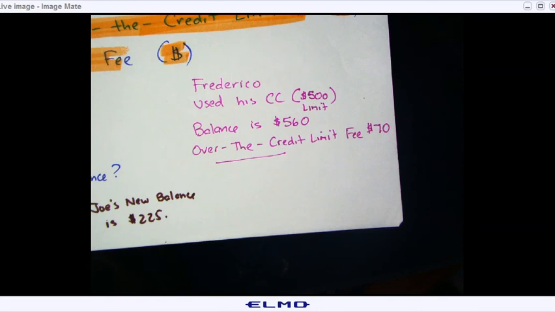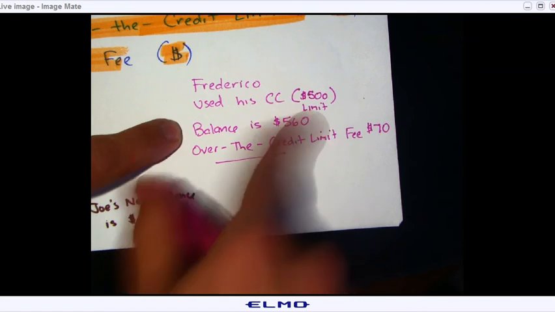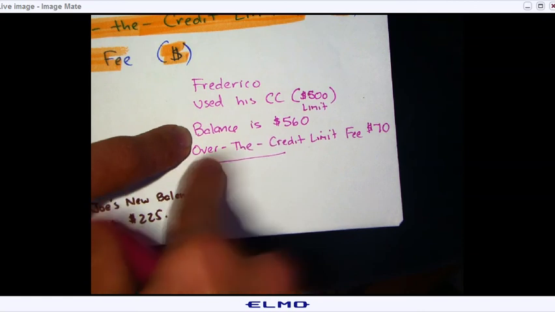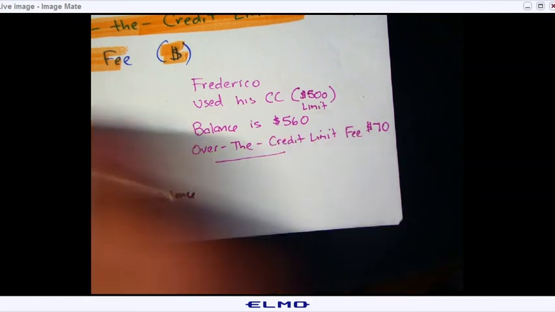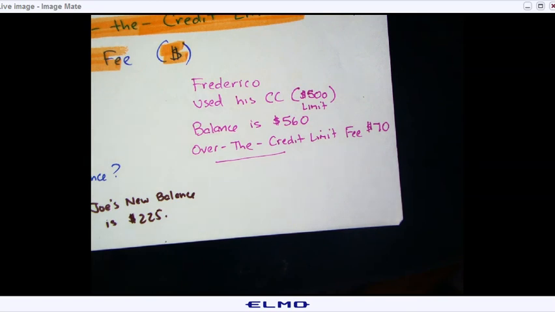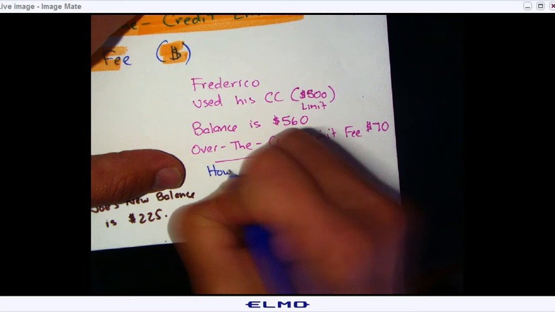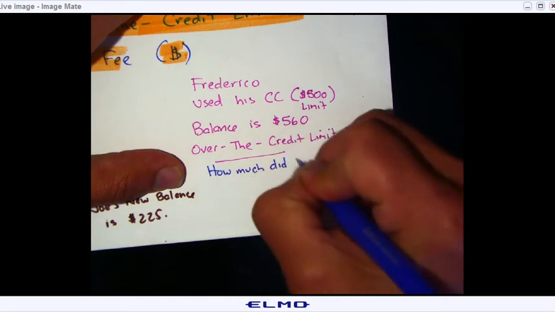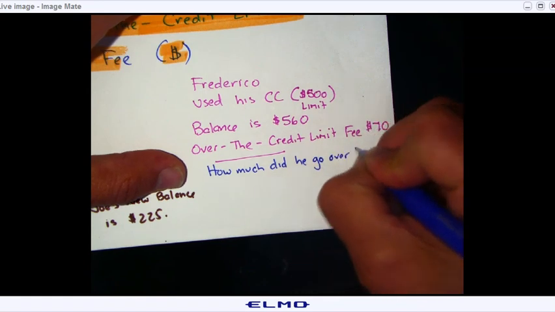Frederico used his credit card, which has a $500 limit. His balance is 560. The over-the-credit-limit fee is $70. So here's a question. How much did he go over by? Over his limit?